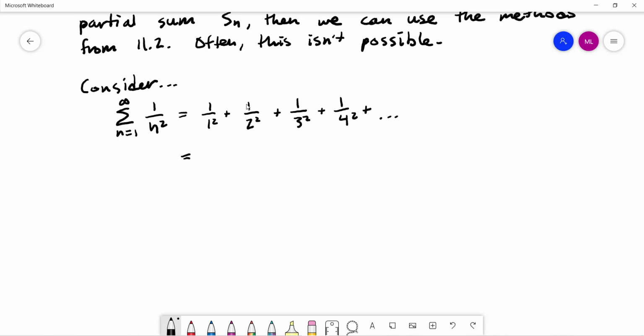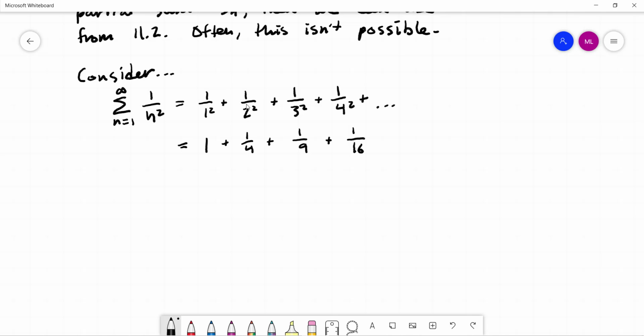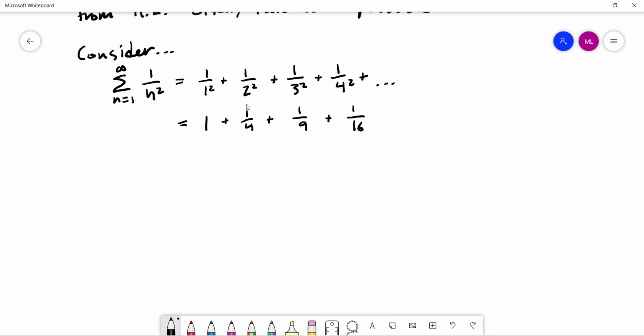And if we actually evaluate these, it's 1 plus a 4th plus a 9th plus 1/16. And if we look at the corresponding sums, the various S sub n's, the first one would be 1. Then for the second one we add up the first 2 terms, so 1 and 1/4, which would be 5 quarters. And then after that, we're going to have to add a 9th to this. The common denominator can be maybe 36, I guess.